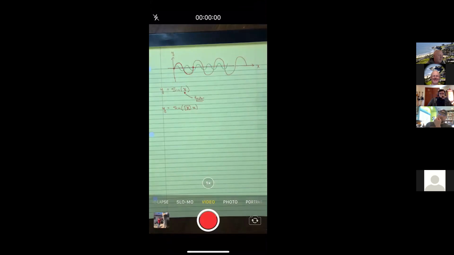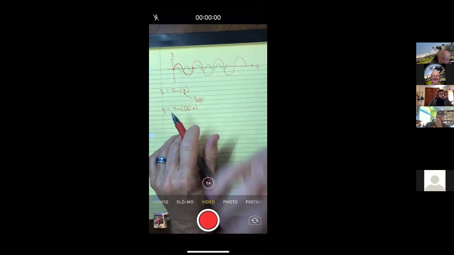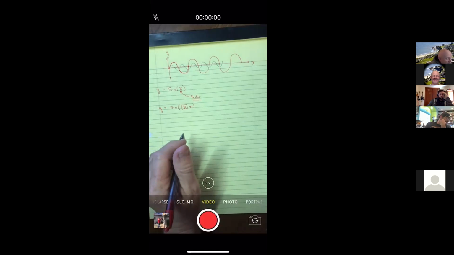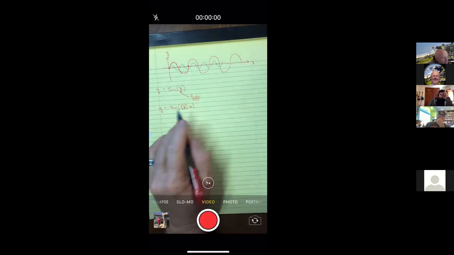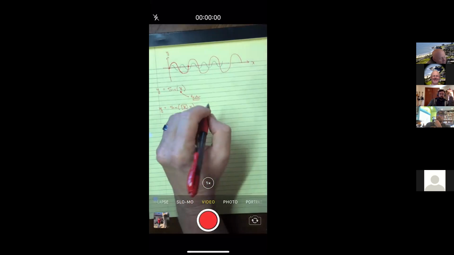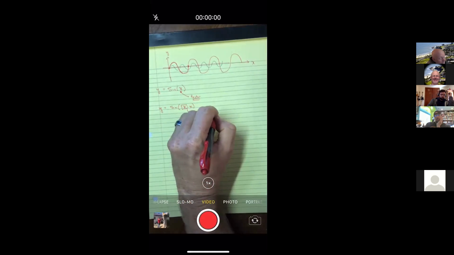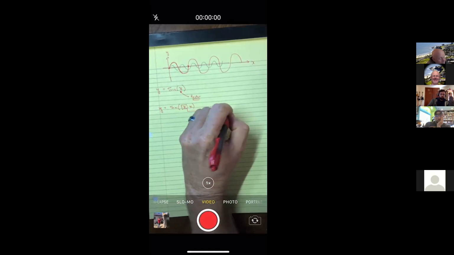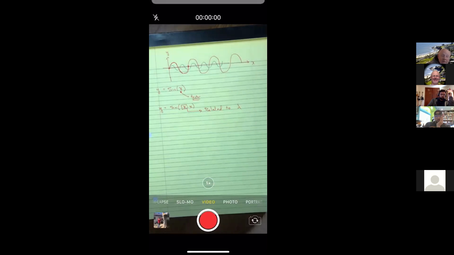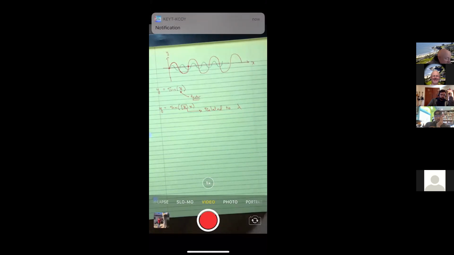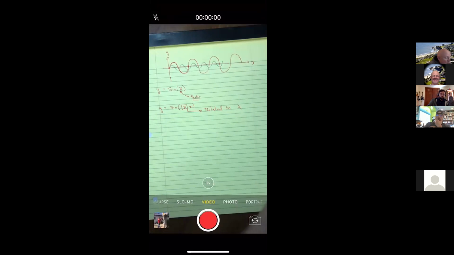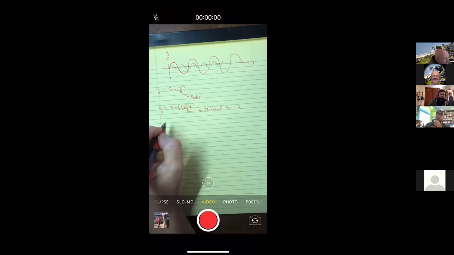All right, also focusing on algebra for a moment here, this k, as I said, is related to the wavelength lambda. But how is it? Well, remember our trig functions repeat every 2 pi.